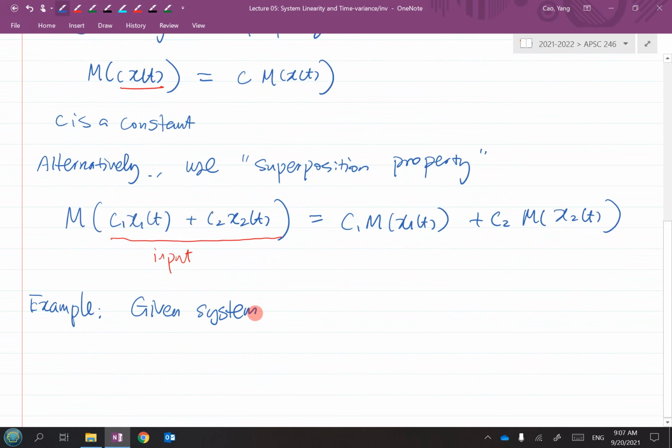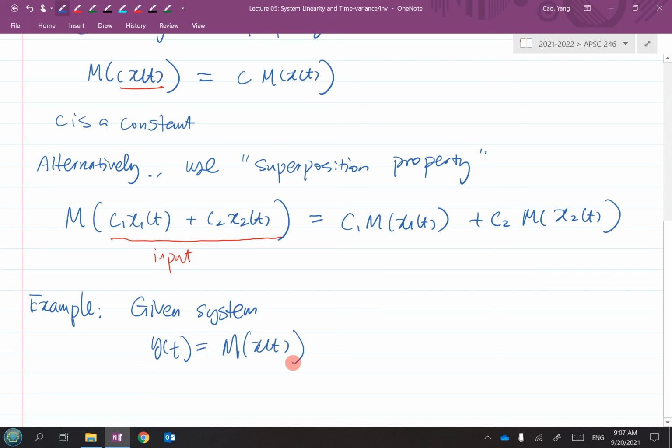Given the following system, y of t equals M of x of t.